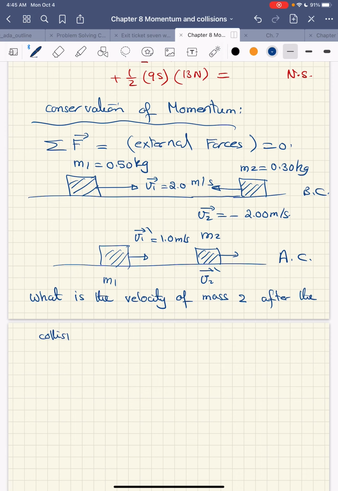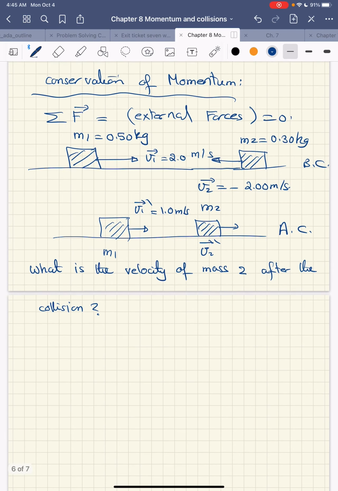Remember, here we are going to add momenta as vectors. Okay, then M1 V1 plus M2 V2 equals M1 V1 prime plus M2 V2 prime.